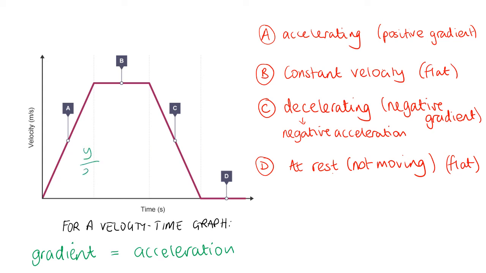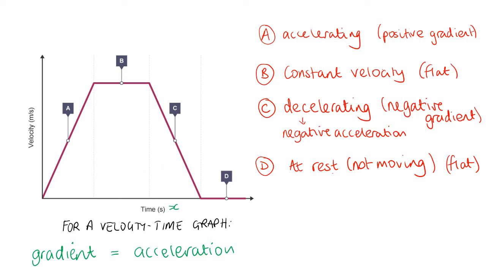On the y-axis we have velocity, and on the x-axis we have time. Remember, y goes up, this is the y, and this is the x at the bottom. Now, we looked in the previous lesson and earlier on in this video that change in velocity divided by time is equal to acceleration. So the slope of the graph, the gradient, is equal to the acceleration.